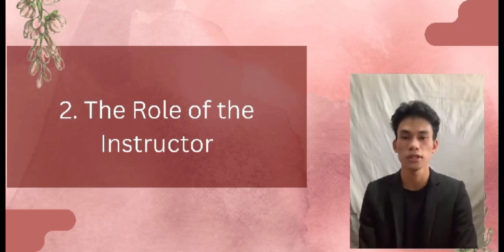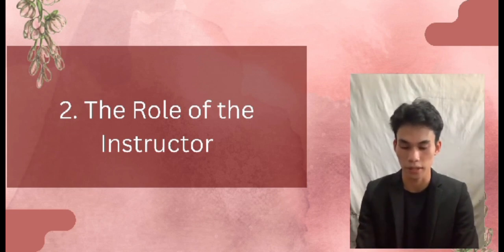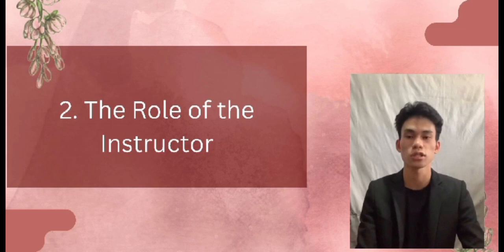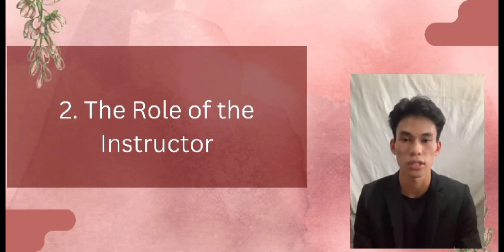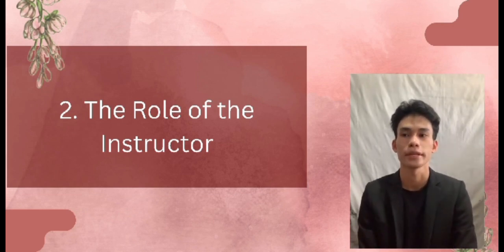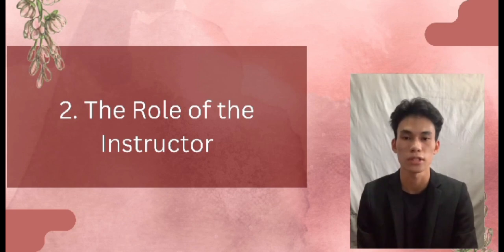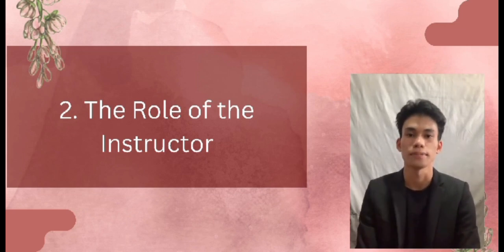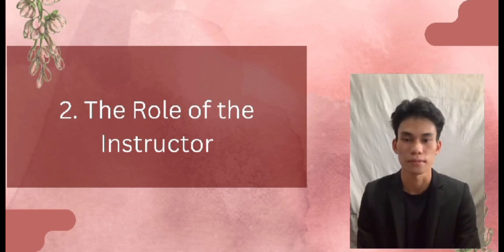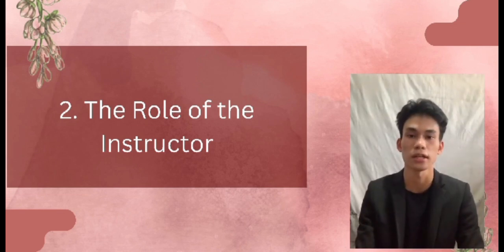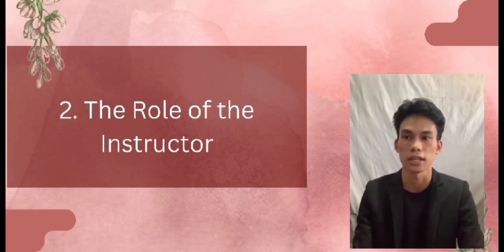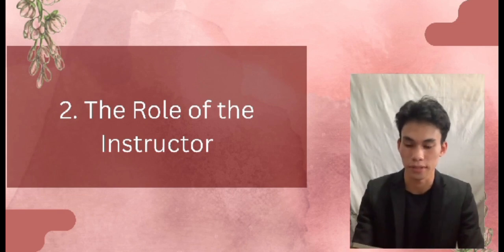After the teaching methods, the instructor will assess the students so that they will know if the students have a learning outcome at the end of their discussions or their learning strategies.